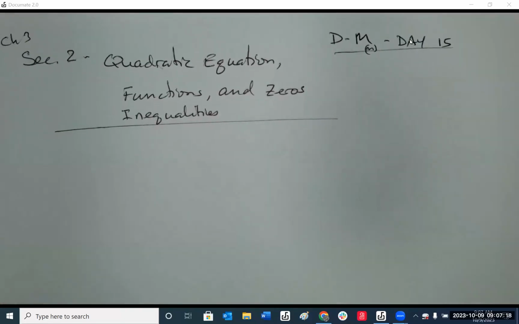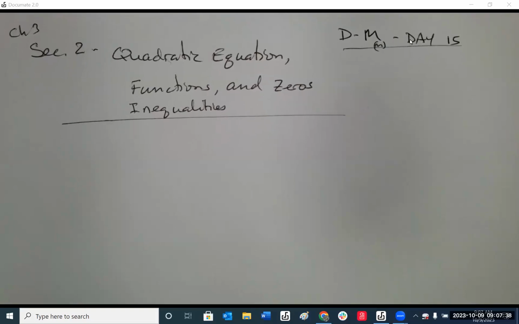Because we've done inequalities before, but that's on a number line. Now we're going to have inequalities of equations, x and y. So it's going to be on both the x and y axis. And we're going to look at inequalities of quadratic equations and absolute values. So things will change now.